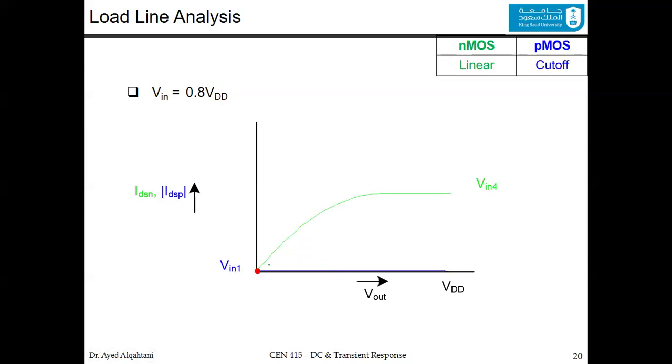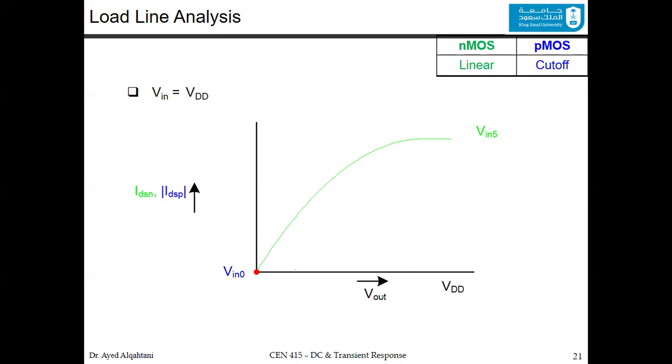Now you have the NMOS in the linear region and the PMOS in the cutoff. And if you take 100% VDD, or simply VDD, the curve of the PMOS transistor is exactly on the axis, and it's in the cutoff region, and the NMOS is in the linear region.